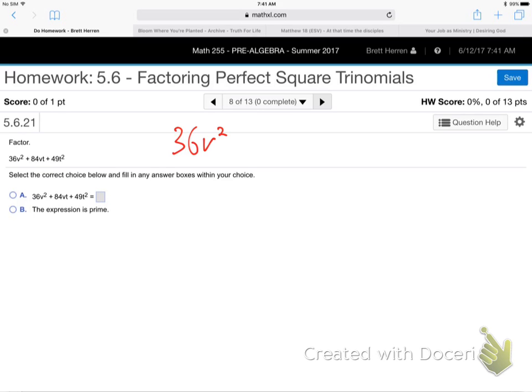36V squared plus 84VT plus 49T squared. So that's definitely a FOIL, because there's a number in the front, right?